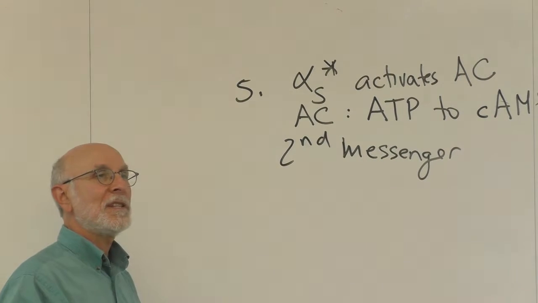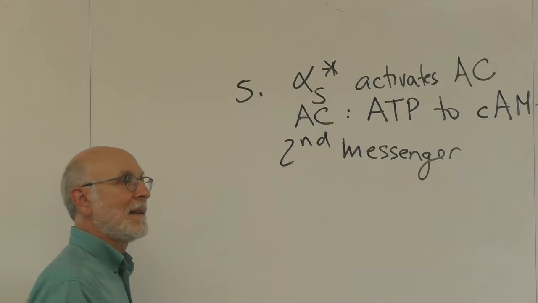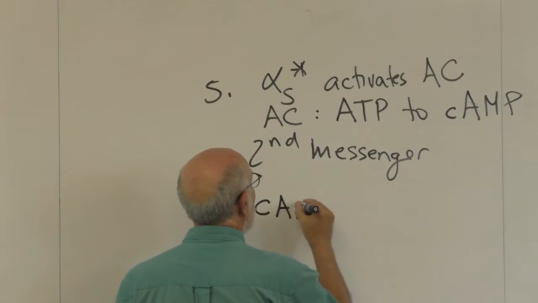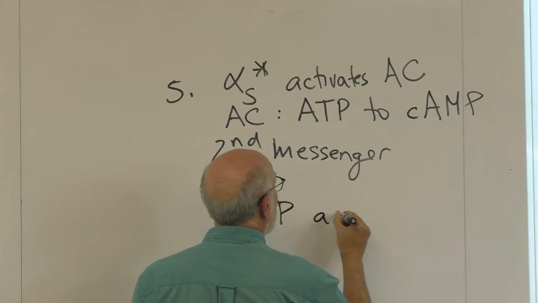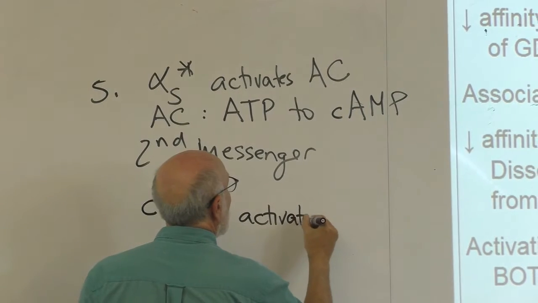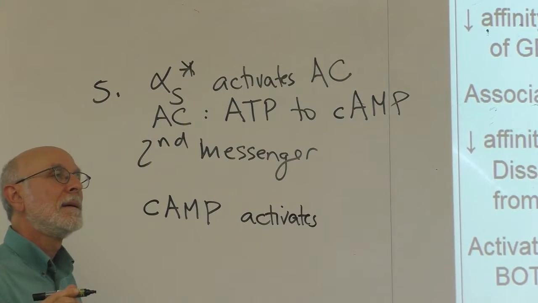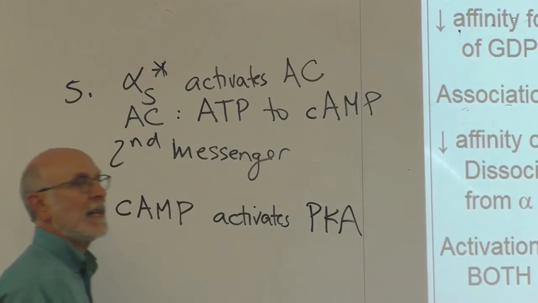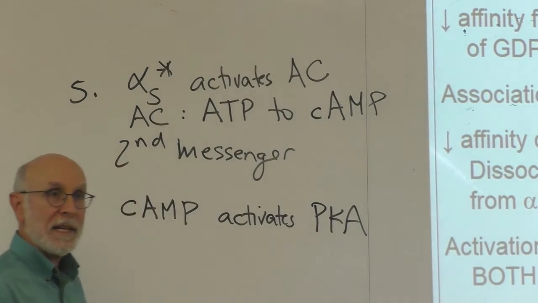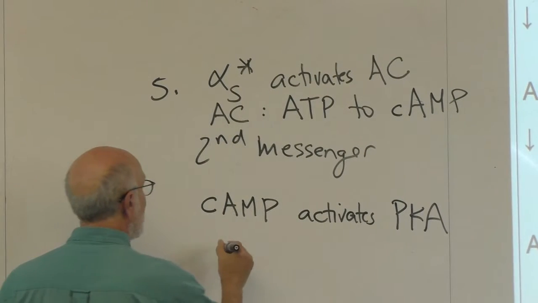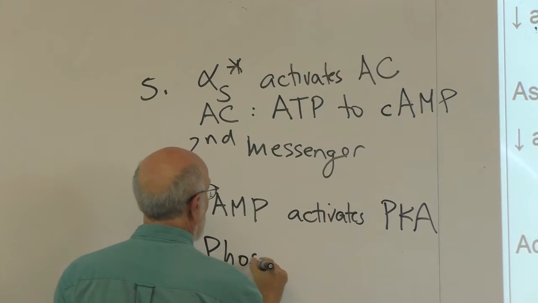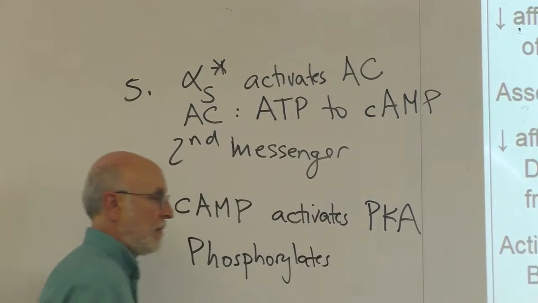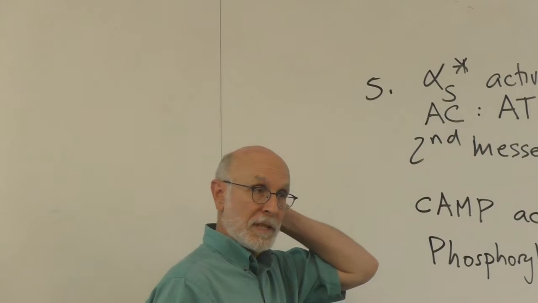Anybody remember this from South-Is? Cyclic AMP activates PKA, protein kinase A, the cyclic AMP dependent protein kinase, which phosphorylates lots of things. Promiscuous.